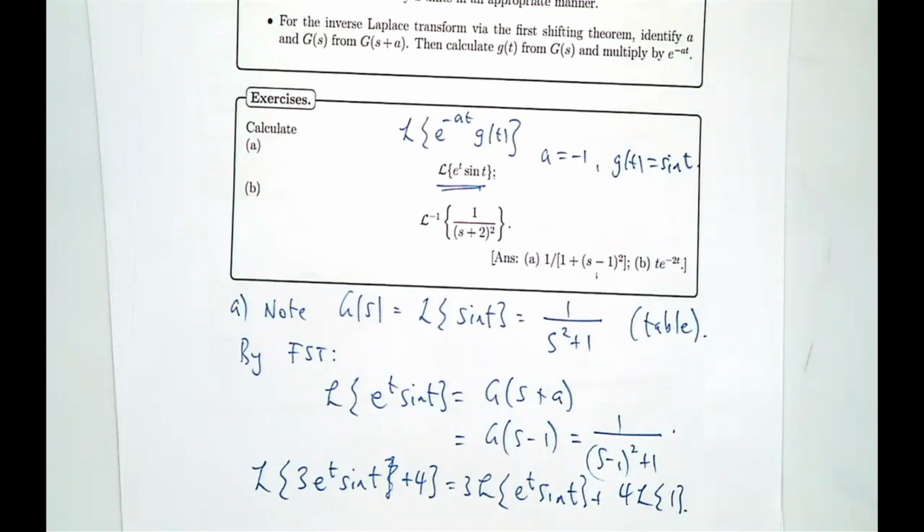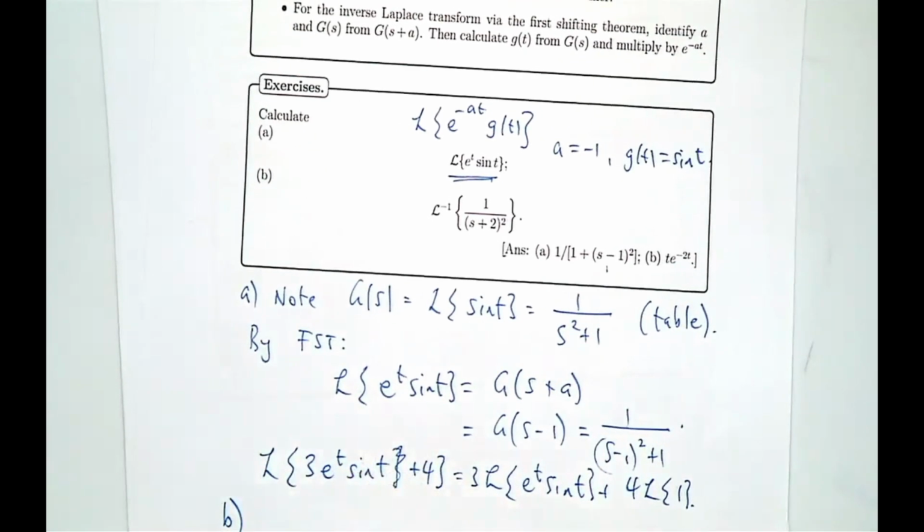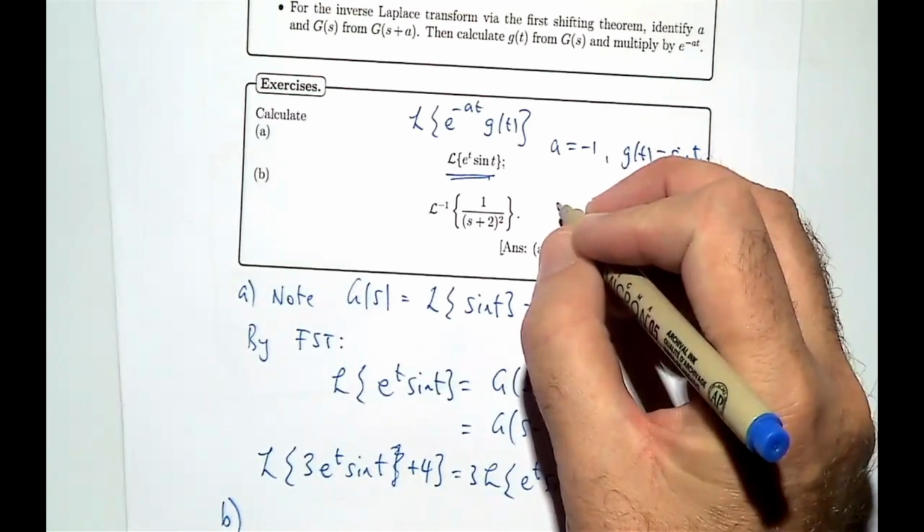All right, what about part B? In part B, we want the inverse transform. So what we've got to find here is a function big G and a value of little a.